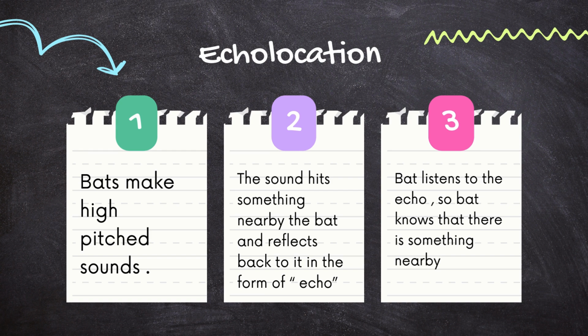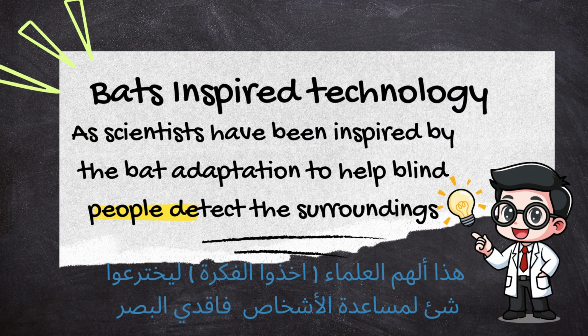We know that bats have the echolocation property, and they can locate their prey or any objects by using their sharp sense of hearing. As the bats make sounds, and these are high-pitched sounds, these sound waves hit something nearby the bat and reflect or bounce back to it in the form of an echo.